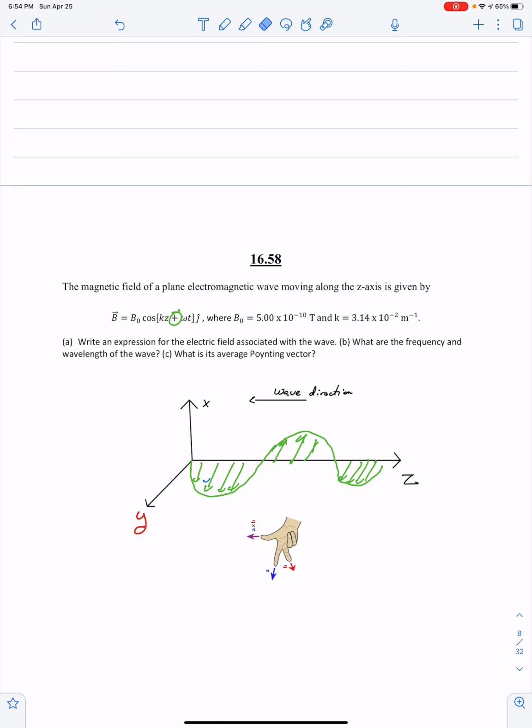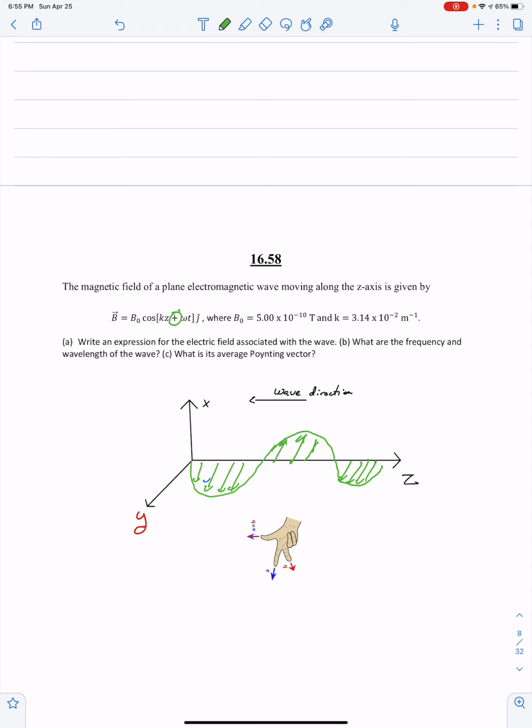That means if I use my right-hand rule, I put my thumb in the negative Z direction, and then I put my middle finger pointing out of the page. That means that my electric field is actually going downwards.